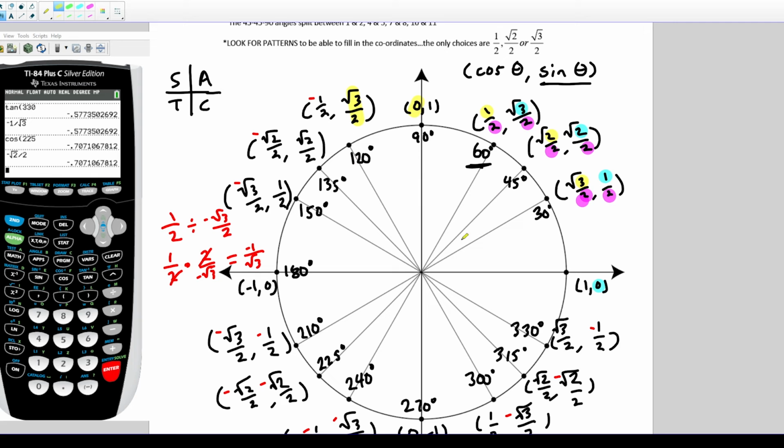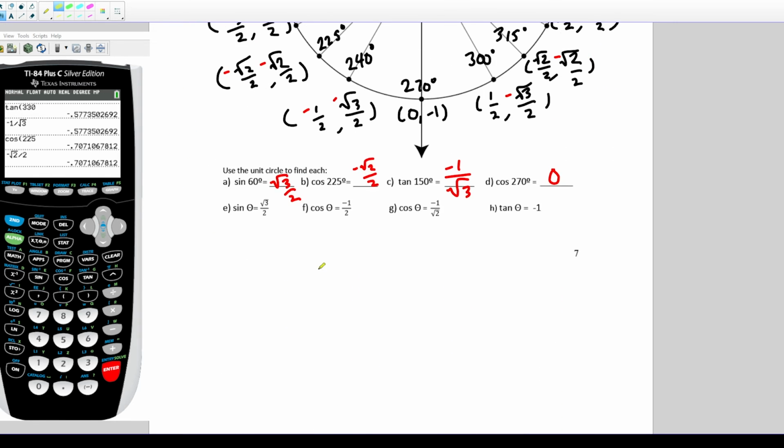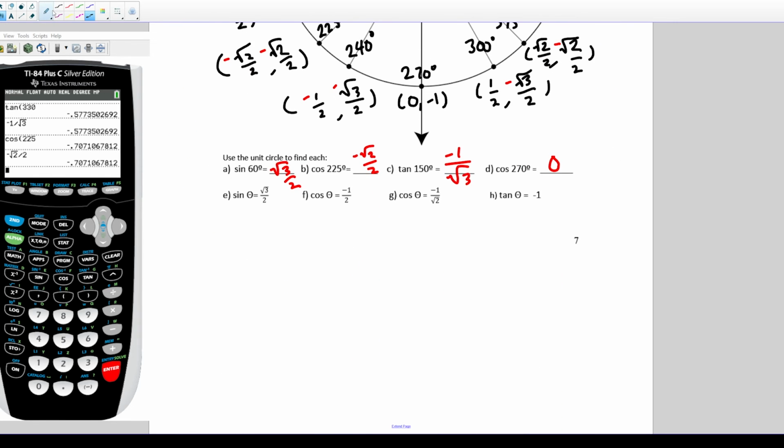So we actually have two answers for this question. Sine theta is equal to root 3 over 2 when theta is equal to 60 degrees, or when theta is equal to 120 degrees.